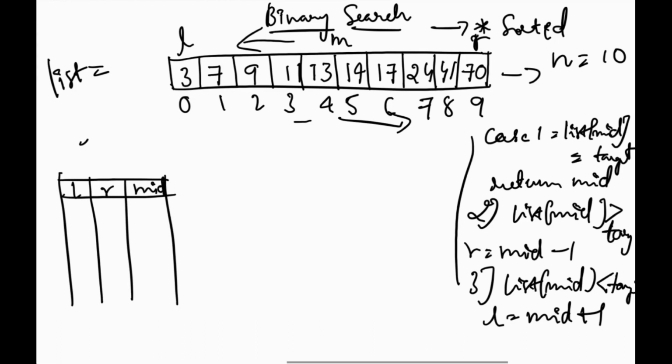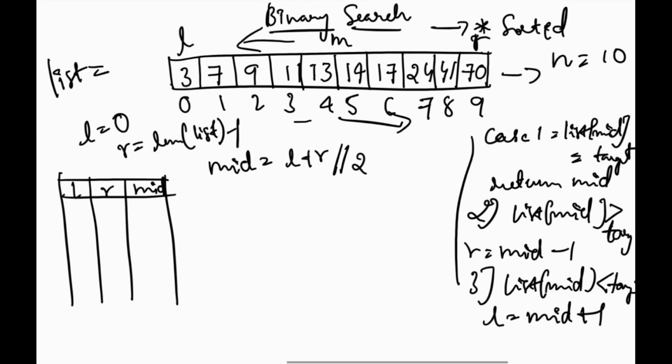L is always equal to 0 because we are starting from the 0 index, and right will be length of the list minus 1, and the middle value mid is equal to L plus R truncated division by 2. Truncated division because we will not take the decimal value, so to get the integer value, we use truncated division.